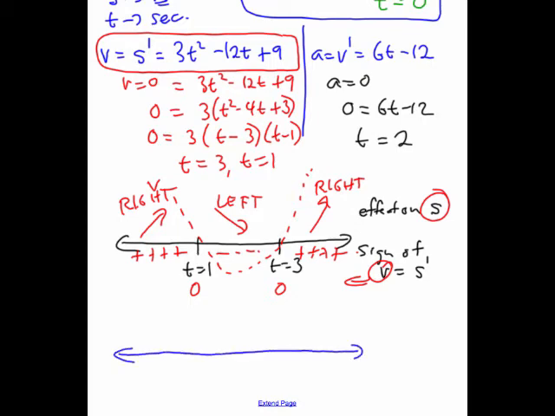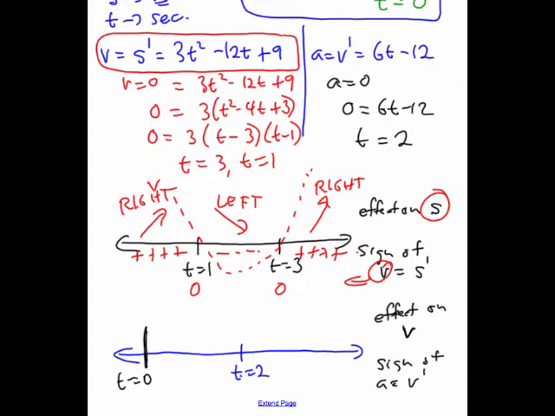So my acceleration was 0 at time equals 2. By the way, in this question, it only told us to look at time greater than 0. So really, I don't need to look past time 0 here. Okay. All right, so let's now look at my acceleration. I want to look at the sign of acceleration, which is the sign of the derivative of velocity, because that tells me the effect on velocity, whether velocity is increasing or decreasing.